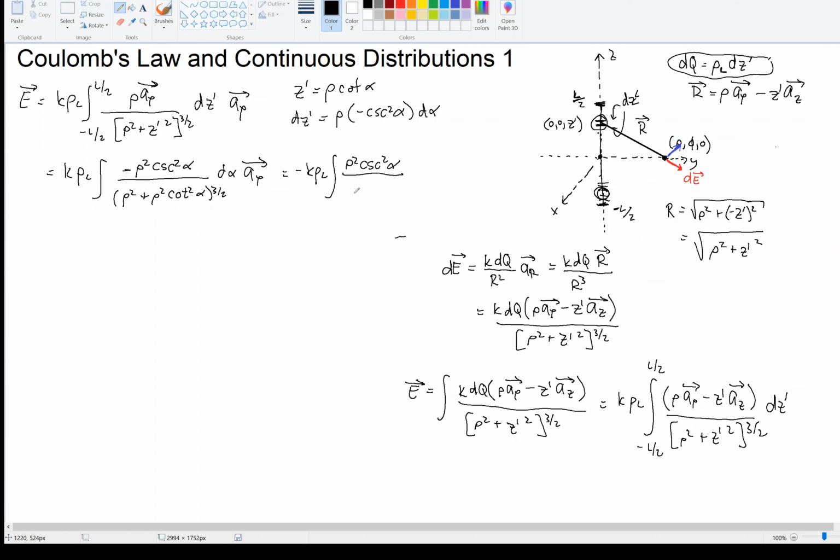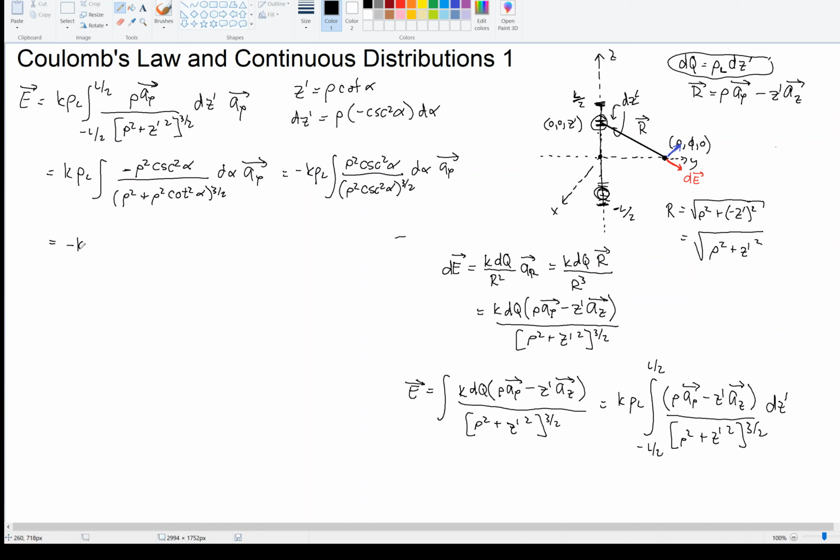This gives me a rho squared cosecant squared alpha, all that to the 3/2 d alpha in the rho direction. So this is why I made the substitution actually, because using 1 plus cotangent squared equals cosecant squared, the denominator simplifies nicely.